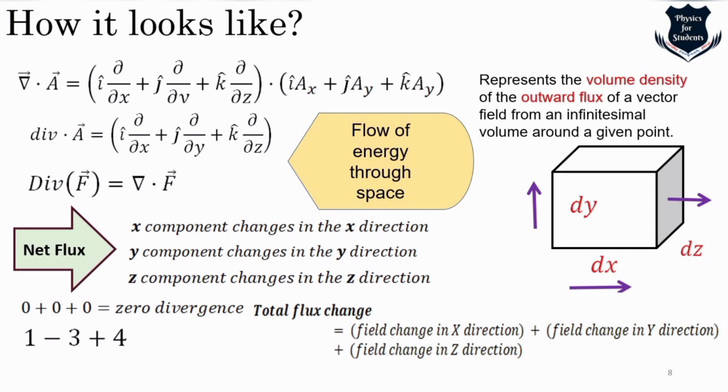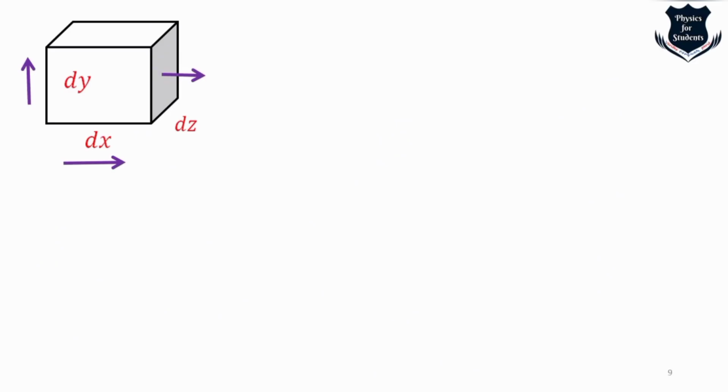We are calculating the total flux change in the x, y and z direction. So on the left hand side, let this cube be there. In pseudo mathematics, we can say that divergence is a limit where the volume tends towards zero, of flux divided by volume.